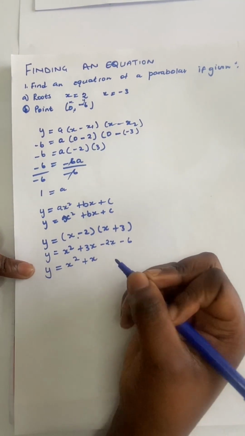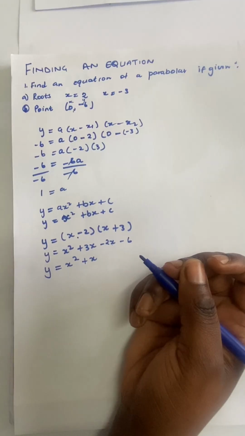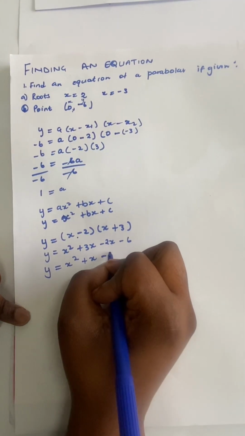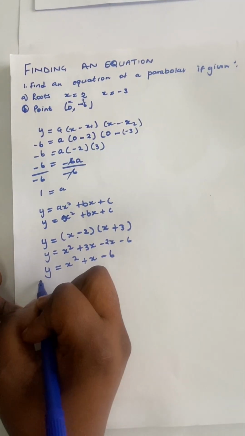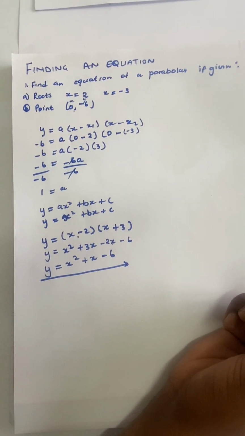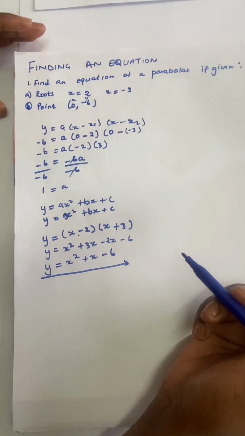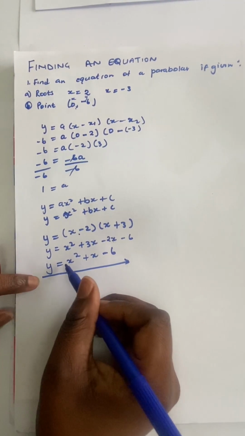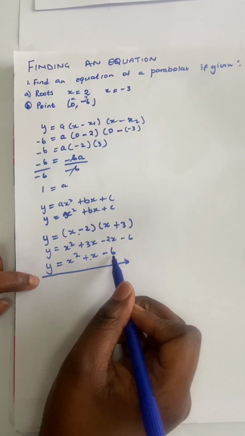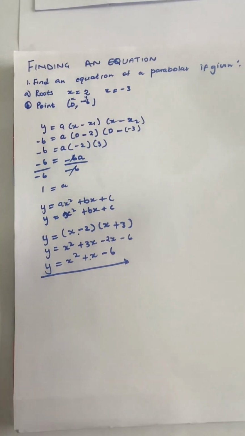Remember, this is unlike signs, so we subtract and take the sign of the bigger number. Minus 6. So this is your equation. You see how much this formula helps. Okay, this is your value of a, this is your value of b, and this is your value of c. All right, okay.